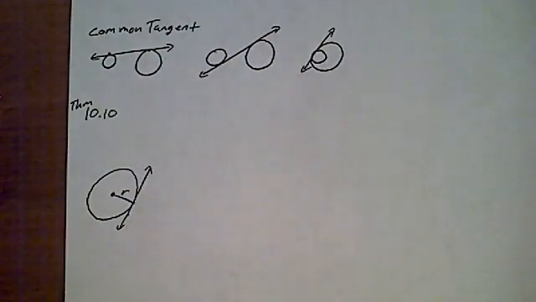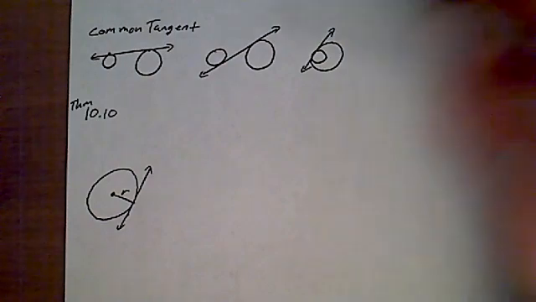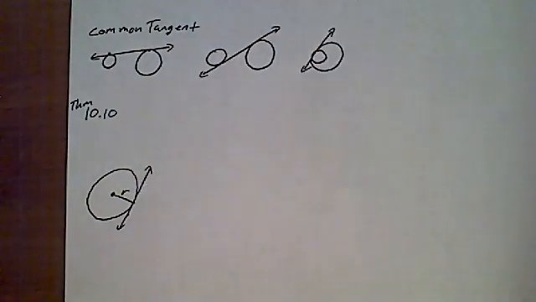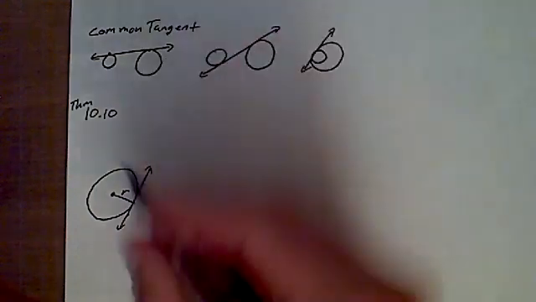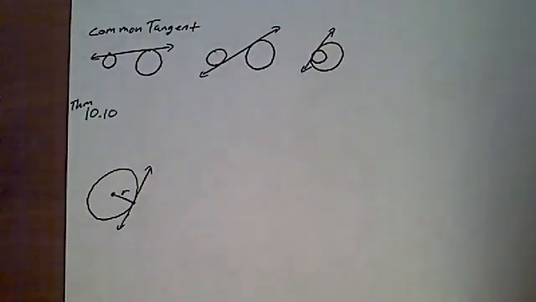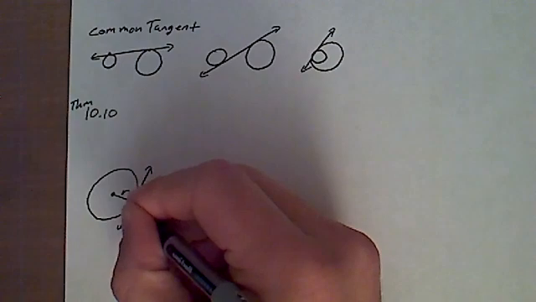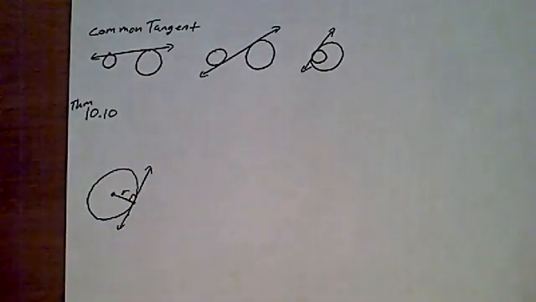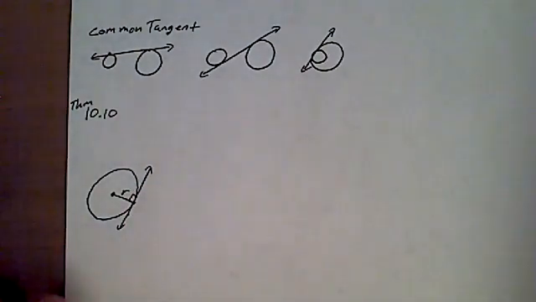Think to yourself, what does it look like is true about the radius and the tangent line to the circle, drawn to the point of tangency? And if you guessed that they are perpendicular, you would be correct.